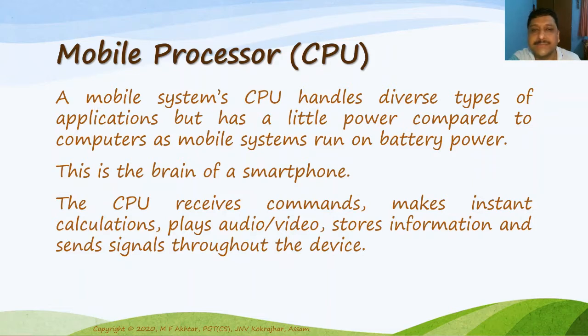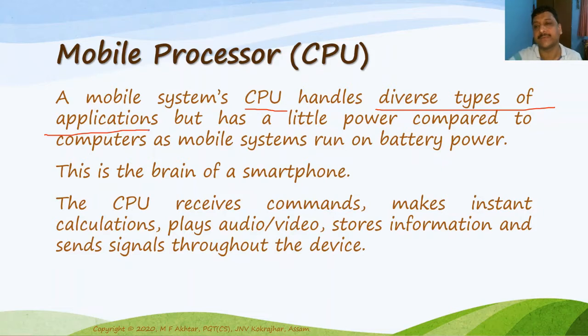A mobile system CPU handles diverse types of applications but has little power compared to computers, as mobile systems run on battery power. Mobile systems also have a CPU which can handle diverse types of applications.